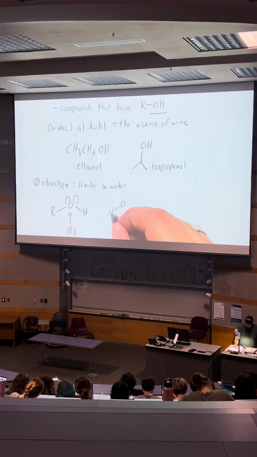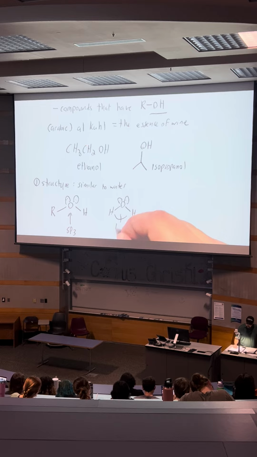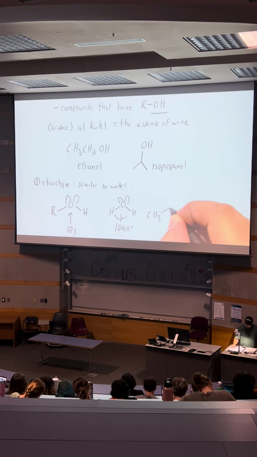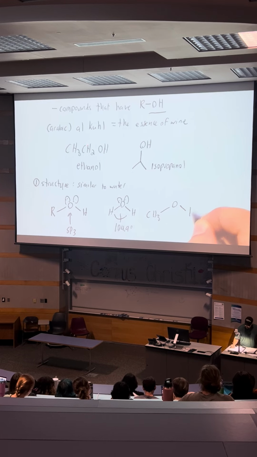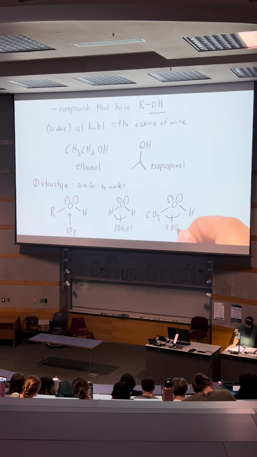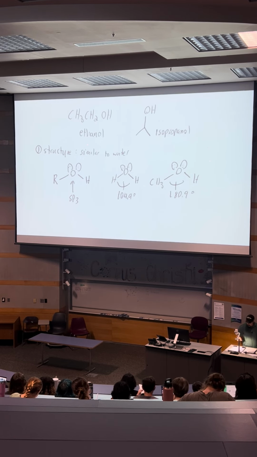And then of course, structurally we can look at water, which has a bond angle of 104.9 degrees, whereas something like methanol has a bond angle of 108.9. All right, so structurally very similar to water, capable of engaging hydrogen bonds just like water.